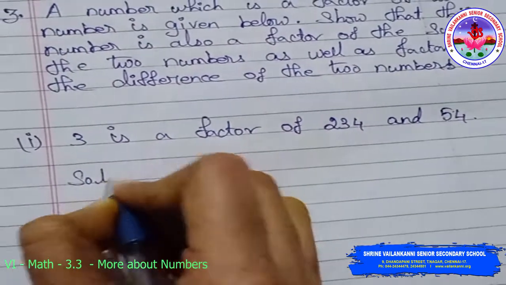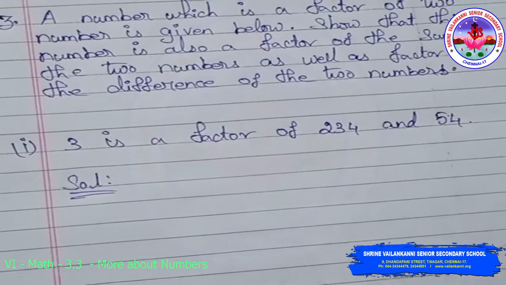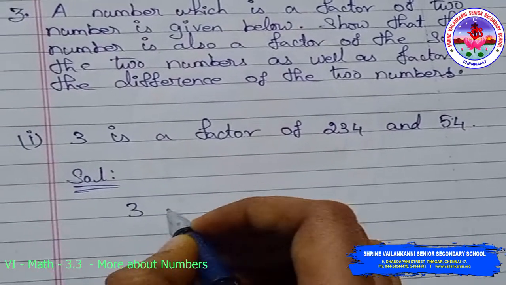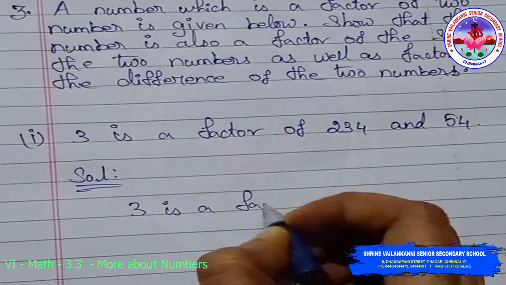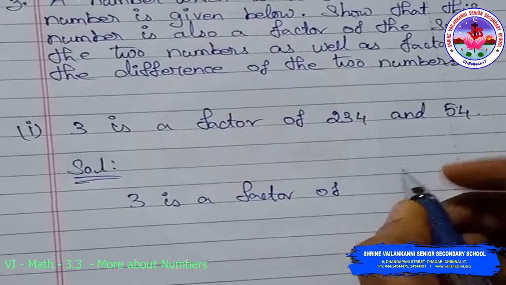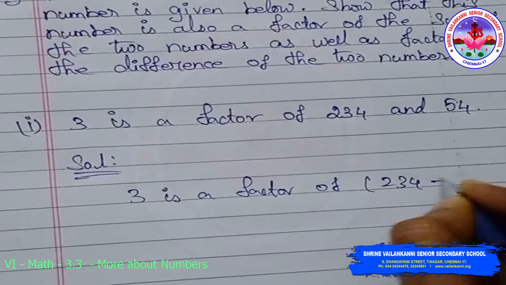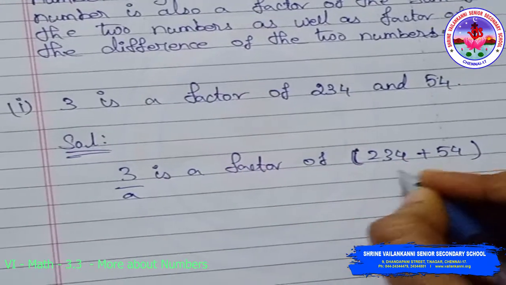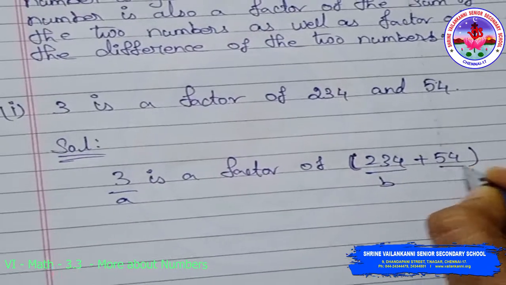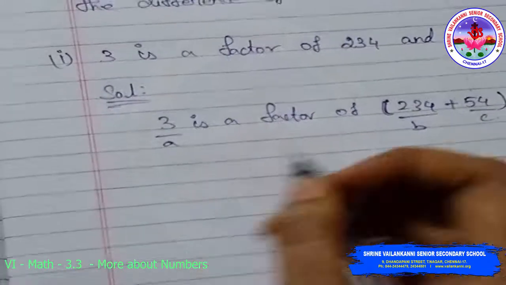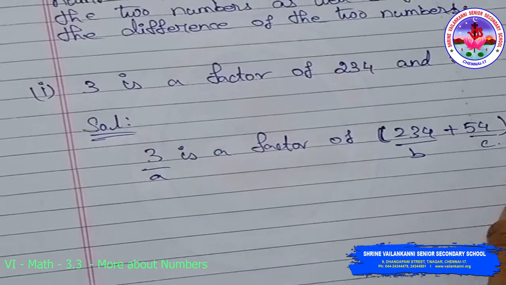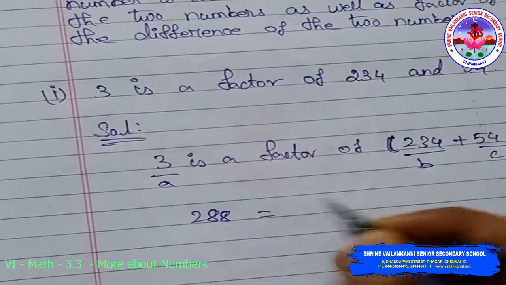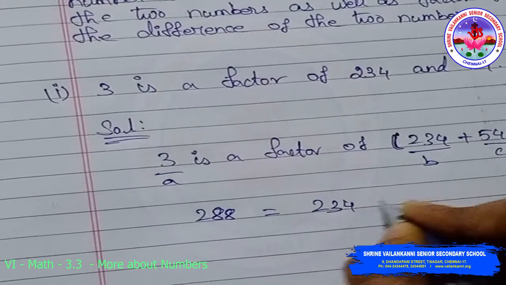First find the sum of the two numbers. 3 is a factor of 234 plus 54. Here 3 is A, 234 is B, 54 is C. 234 plus 54 is equal to 288.